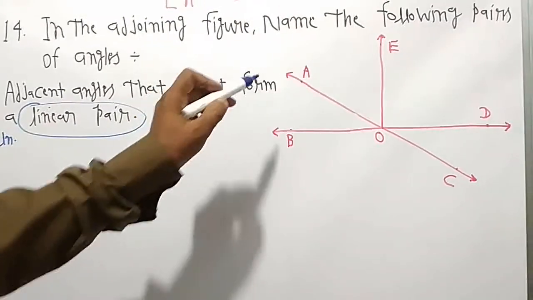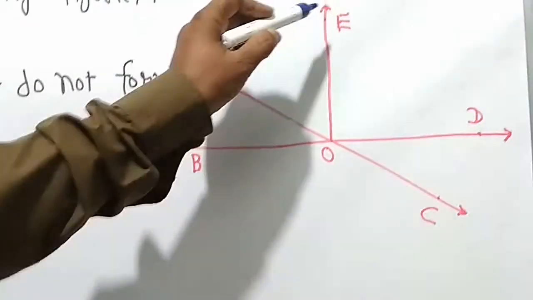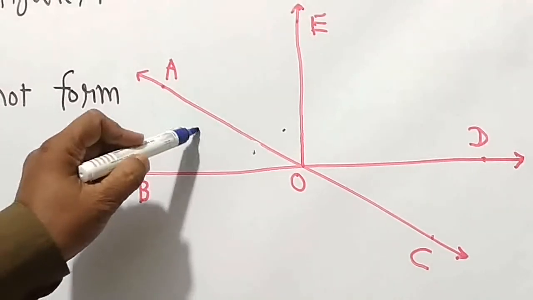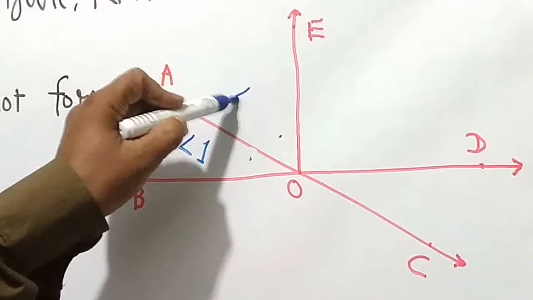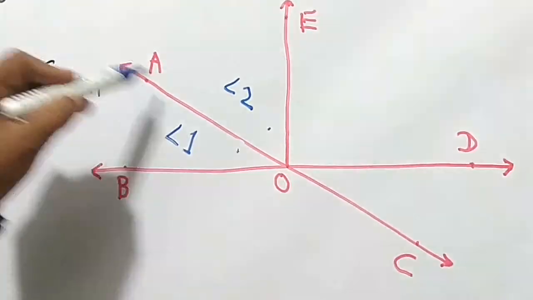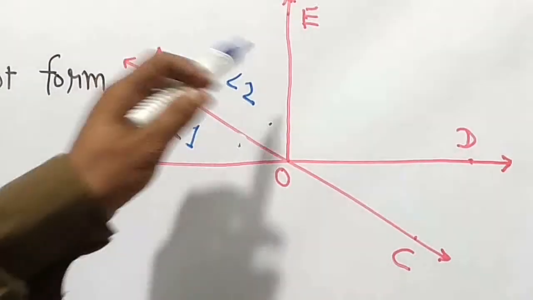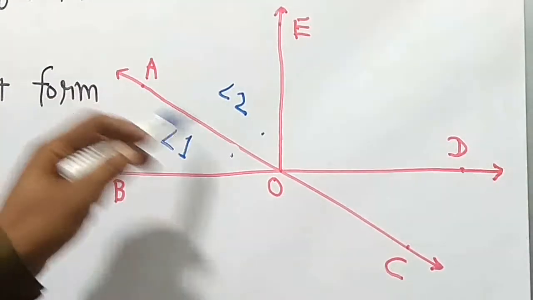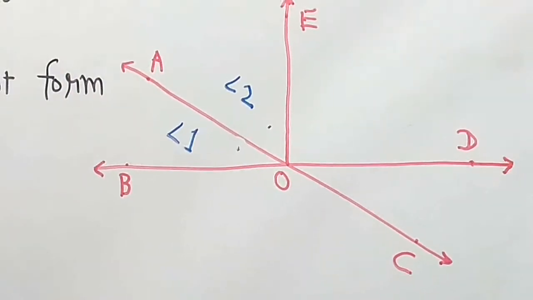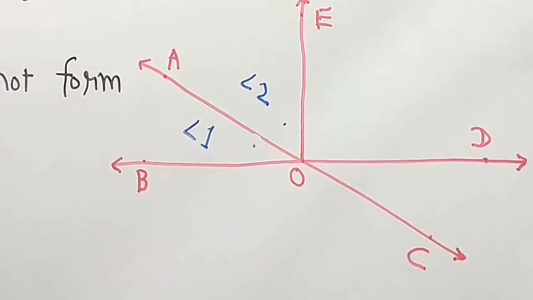So first, this is AOB and AOE. This is our angle 1 and this is our angle 2, in which this is the common vertex. So AO is the common arm, and these two are the non-common arms situated on either side of this common arm. So they are adjacent angles, but not a linear pair. Why is it not a linear pair?